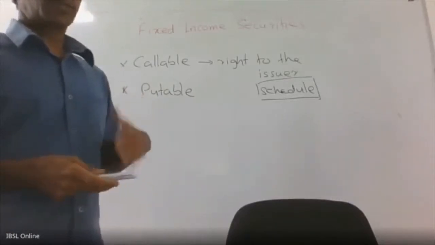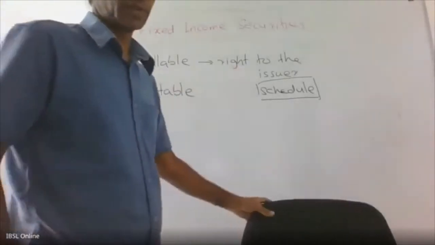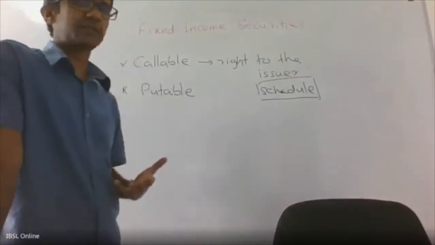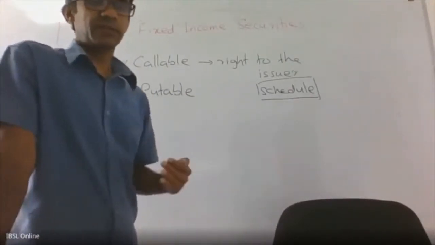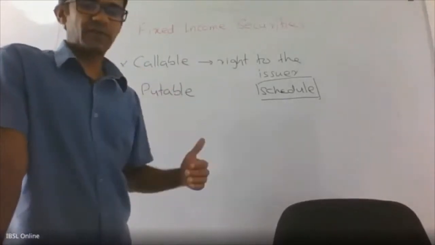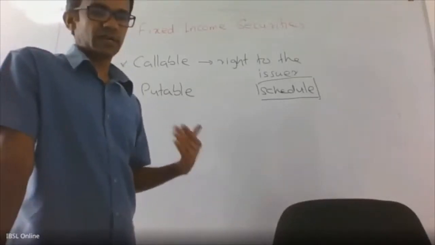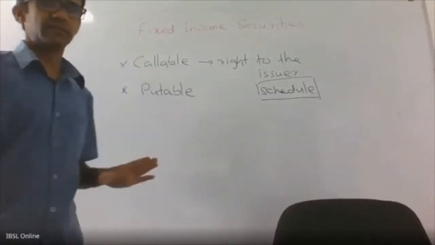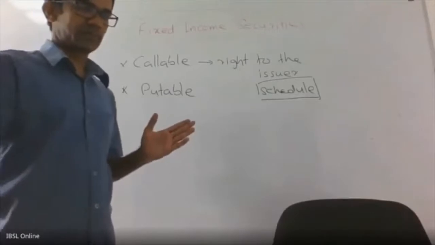The amount that is paid, again, depends on the, as I mentioned, the covenant. In a callable bond, in the bond covenant, that means the term sheet of the transaction, it will specify at what price the bond issuer can call it, whether it's at the par value or at the market value, or market value plus some margin, something like that. The schedule is given. Sometimes it is open.